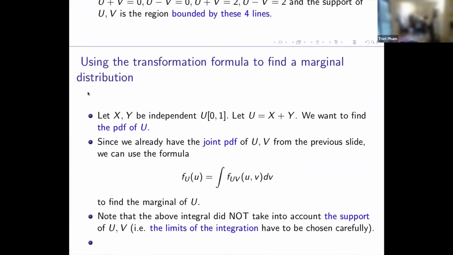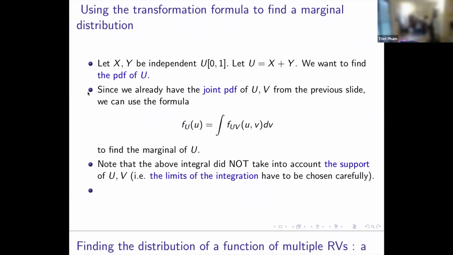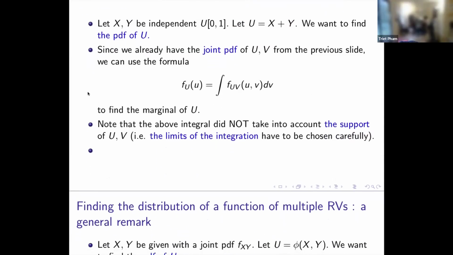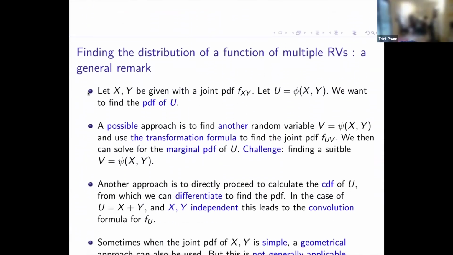Now, let's take a look at some other example. One thing that is useful here is that sometimes your interest is only in one specific combination. Let's say you want to find the sum. If you have two random variables, you want to find the density of the sum, but somehow it's not easy. Then what you can do is go through the transformation of a pair.